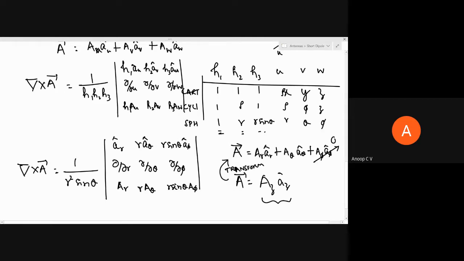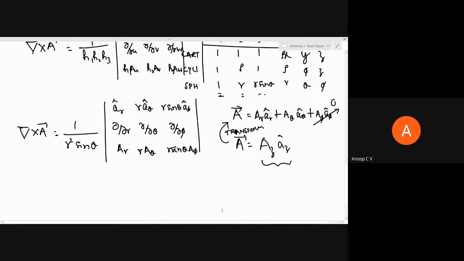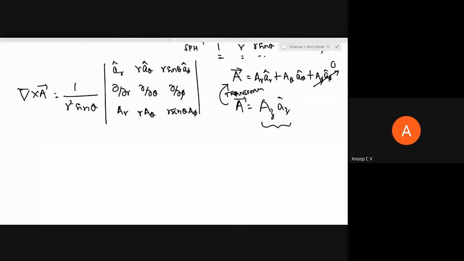So the component of z along phi will be magnitude times cosine of the angle between them, cosine of 90 degrees, which is 0. So how to find AR, A theta and A phi? Now you have to help me out. I'll give you some time, maybe 30 seconds or so. You have to tell me how to transform a vector from Cartesian to spherical.